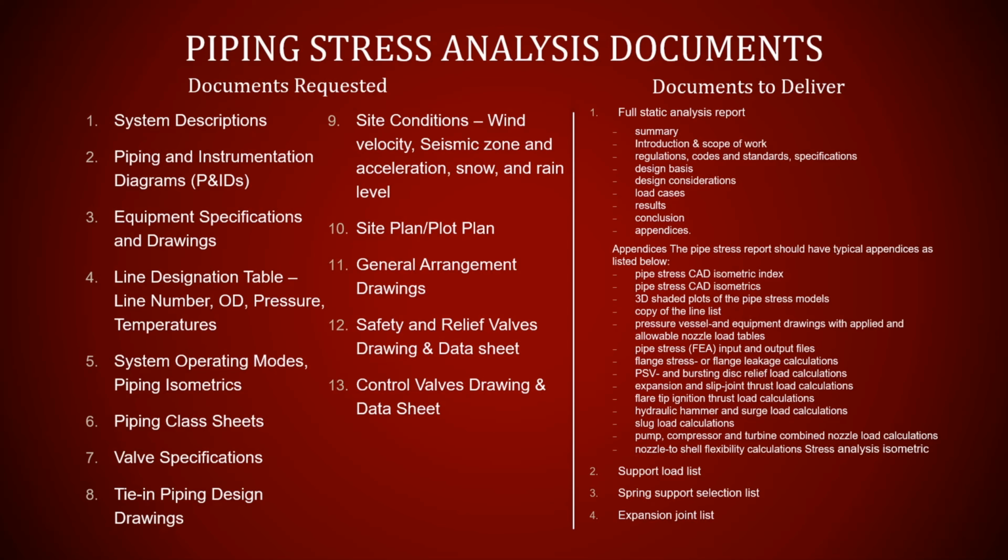A copy of the line list that contains the lines that we are using. Pressure vessels and equipment drawings. If we will perform a finite element analysis, FEA, you need to put the input and the output file. If you need to perform the flange leakage test, you need to put the calculation and the results.